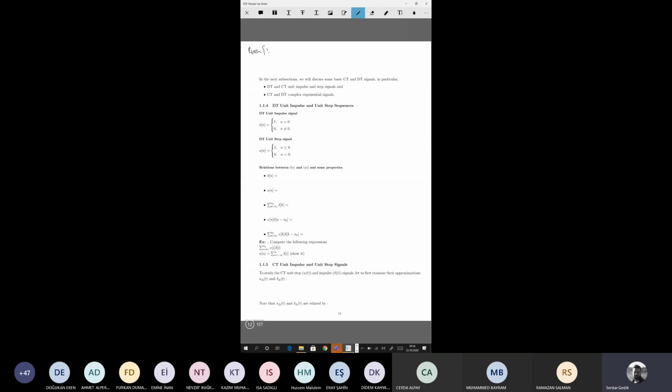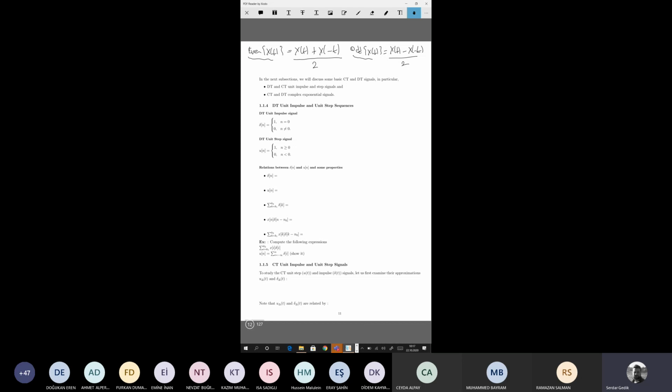The even part of x of t is x of t plus x of minus t, over 2. The odd part, on the other hand, is simply x of t minus x of minus t, over 2. You can check by yourself that this signal is odd, this signal is even. It is your exercise.